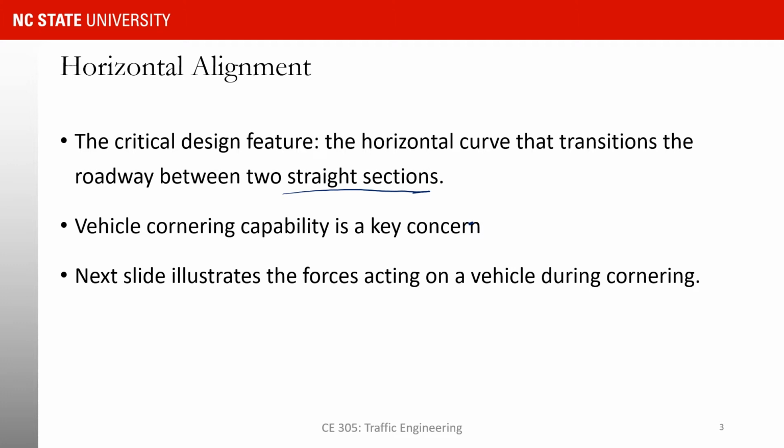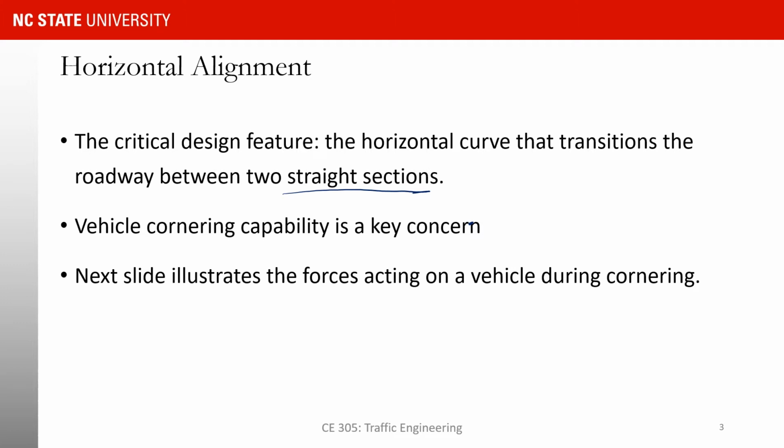If your car has a good cornering capability, you can probably go into, let's say, a right turn curve much faster compared to an SUV that is heavy, is high, and has a higher center of gravity. When it wants to go through that curve, it needs to go through the curve much slower.